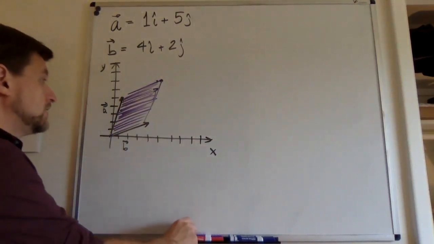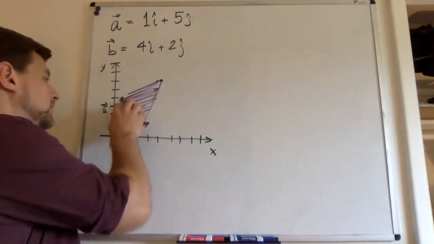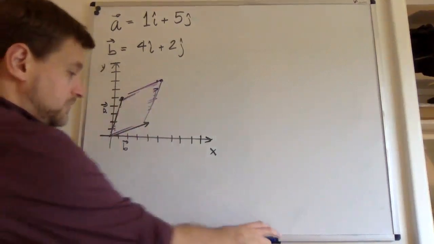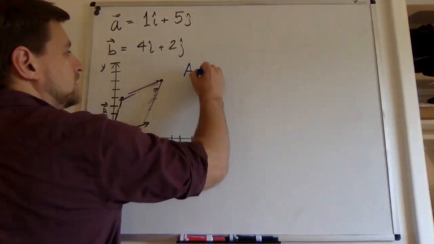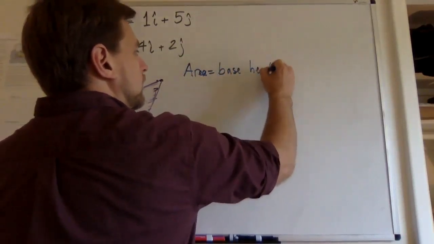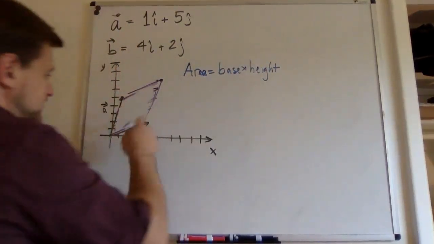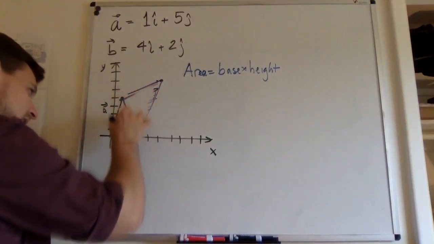The area of a parallelogram is, let me erase some of this cross-hatching so I can draw, just base times height. So B is the base, and the height is here.